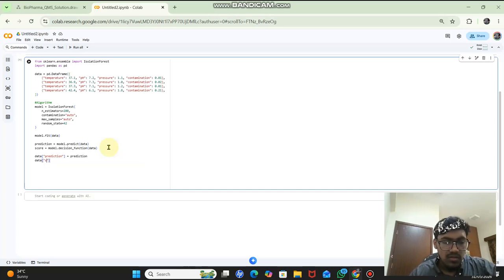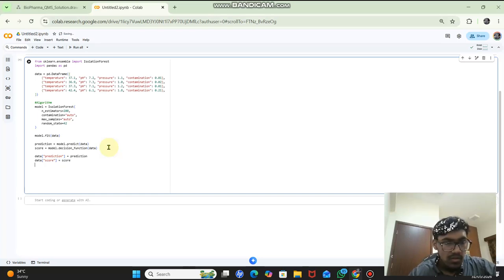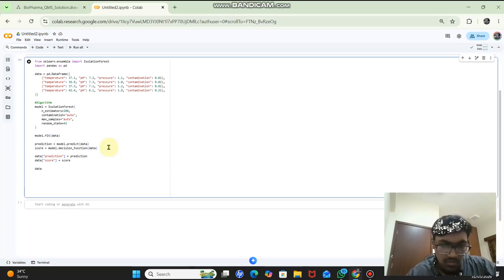Prediction score. And for the last column, we're going to add status. Essentially, the model gives a number, so that's not always helpful.